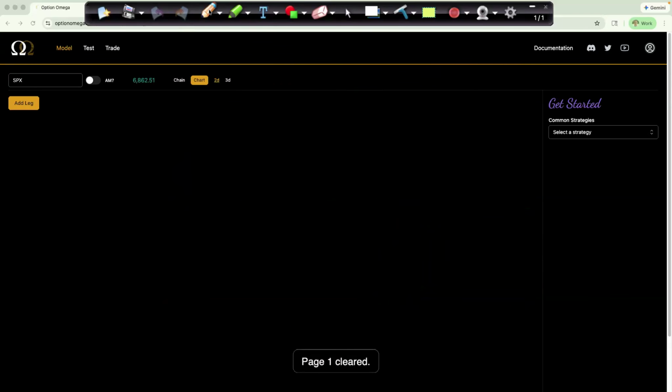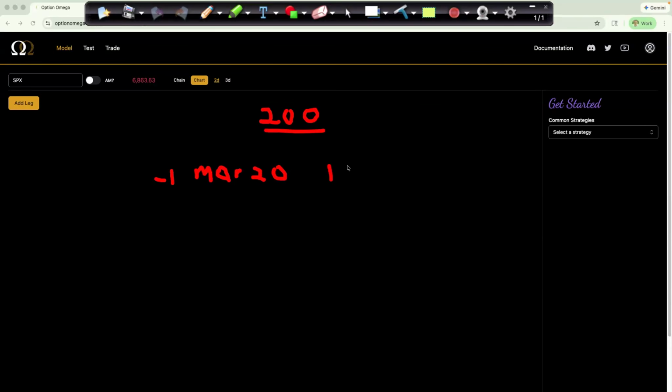So let's just put an example here. Sell one, I'm just making this up, March 20, I think that's 3 weeks out. Let's say a stock is 200, and sell one March 20, let's say the 170 put for 1.5.